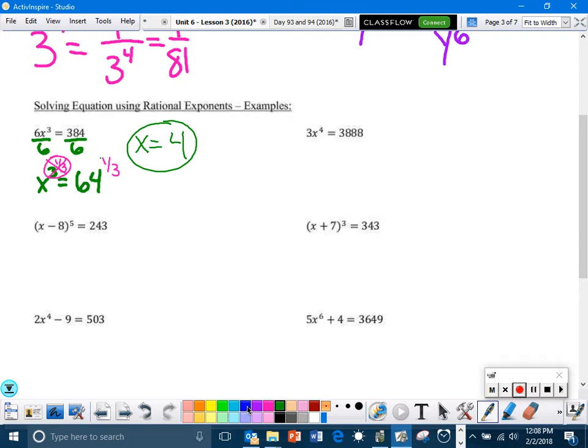Okay, next one. So this one says 3 times x to the 4th power equals 3,888. Well, first thing I'm going to do is divide by 3. And I have x to the 4th equals, all right, 3,888 divided by 3 is 1,296.